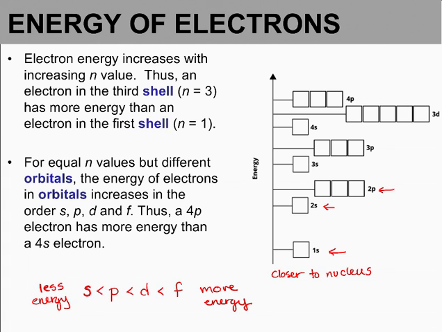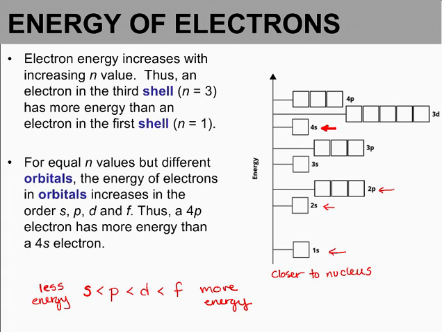And then we go to energy level 3, where we have the 3s orbital, the 3p orbitals, and the 3d orbitals. So you'll notice that they're ranked in order of energy, so s is lower than p, which is lower than d. Now, one tricky thing is you'll notice that the 4s orbital is actually lower in energy than the 3d orbitals.